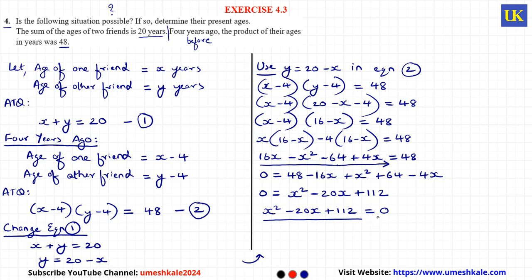Now on the next page, I will note this quadratic equation and we will first find the nature of roots of this quadratic equation. So D is equal to b square minus 4ac, and we'll check whether we are getting equal and real roots or distinct roots. Only then this situation will be possible, otherwise it will not be possible.